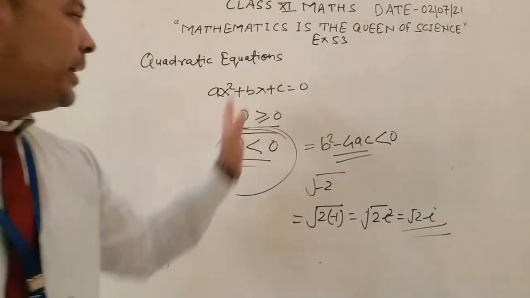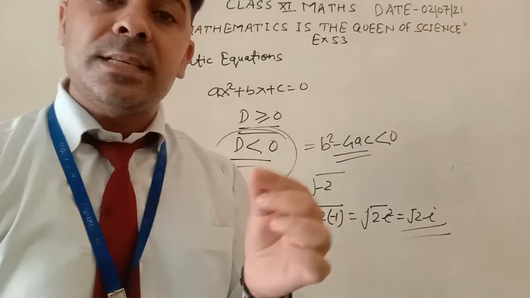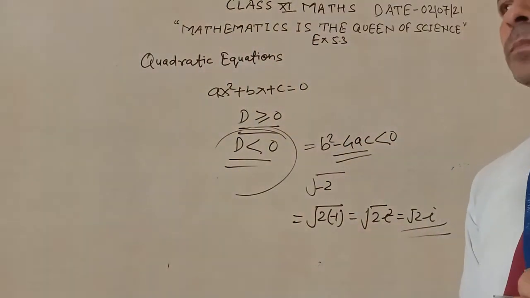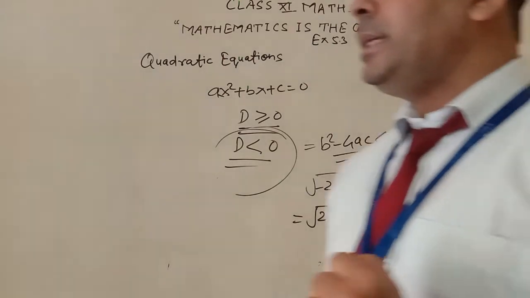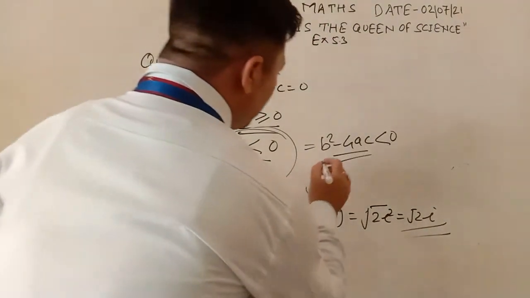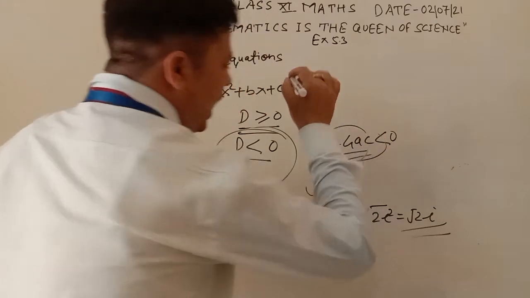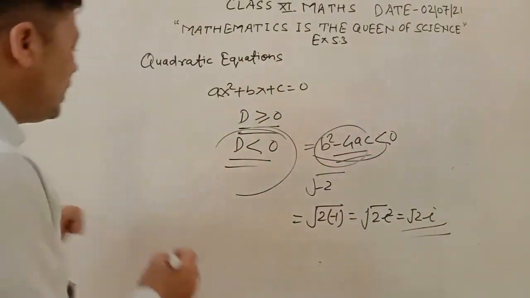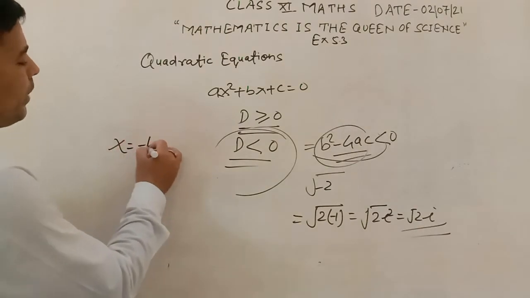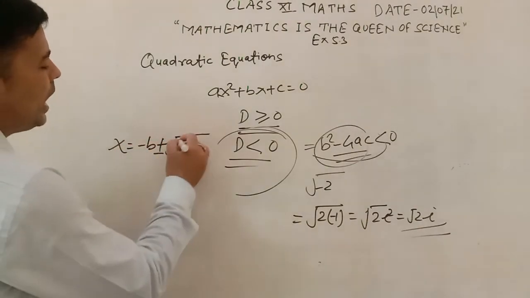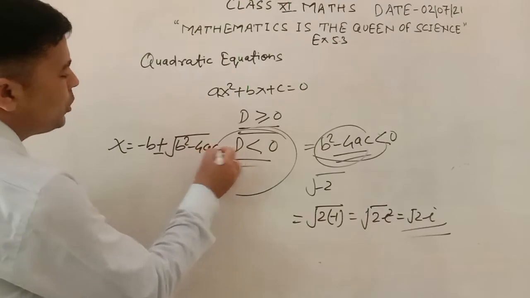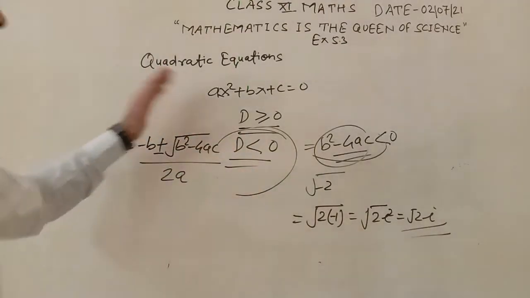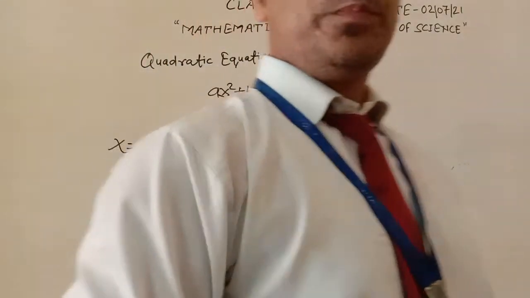Using this property we can solve when d is less than 0. Firstly we find the discriminant and see whether it is less than 0. Then we use this property and the formula x is equal to minus b plus minus under root b square minus 4ac upon 2a, if factorization is not possible here.